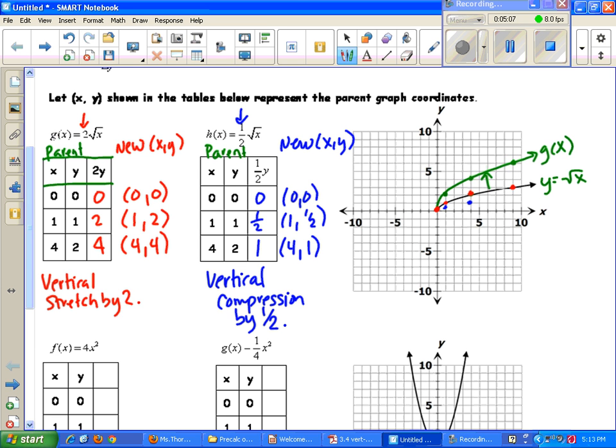And if I take 3 times a half, I would get 1.5, even though we didn't do that on our chart. And so this would be my function for h of x. Notice that our values were being compressed down. That's why it's called a vertical compression, because we're bringing the values down towards our x-axis.